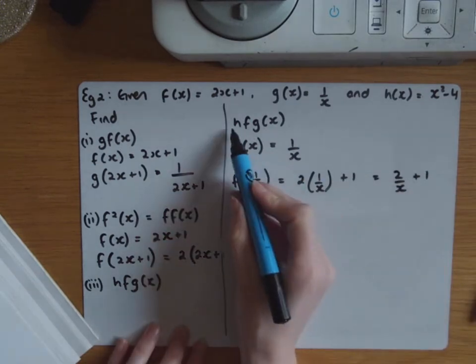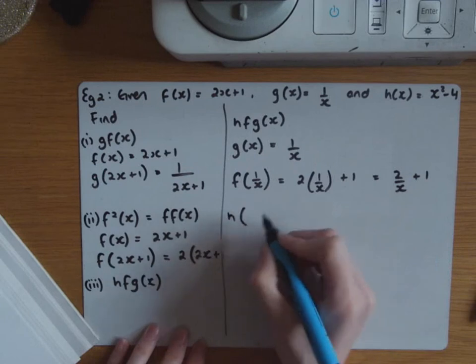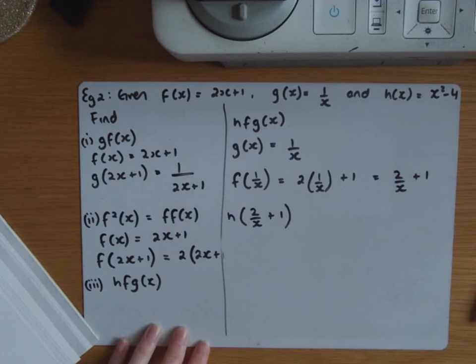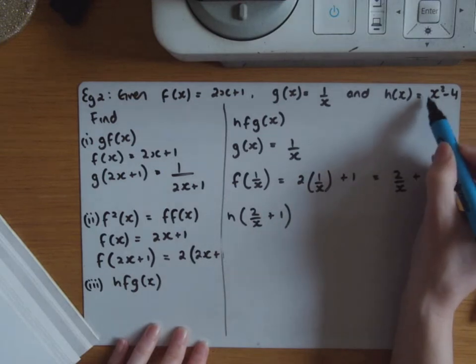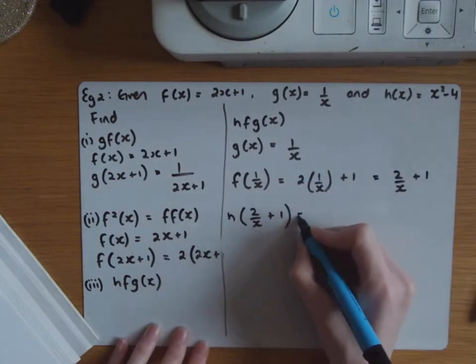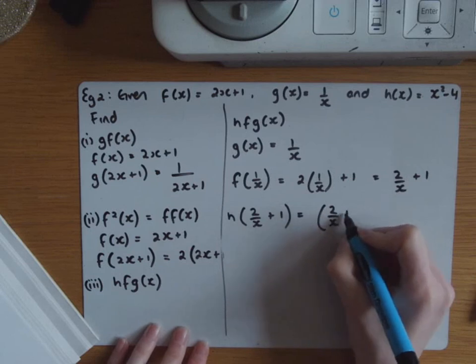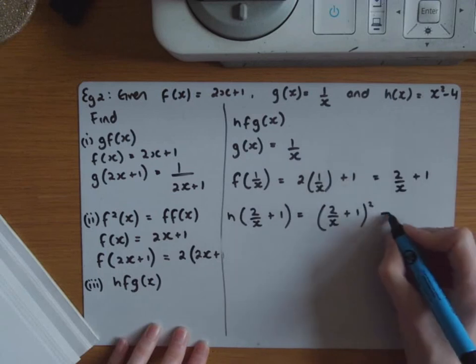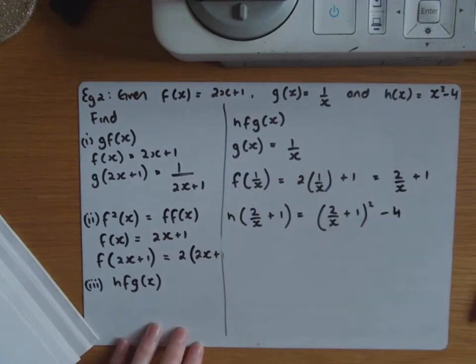And then I need to do h of my answer. Putting it in here, instead of my input to be squared, I have this to be squared, minus 4. Okay, and then you just need to tidy that up.